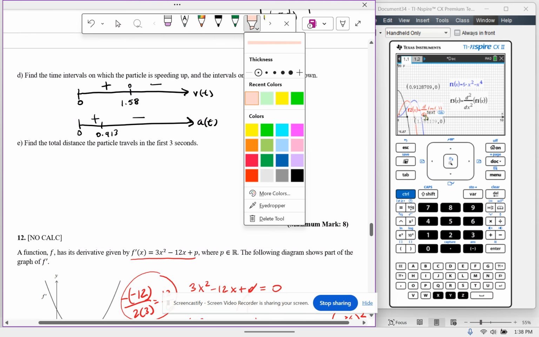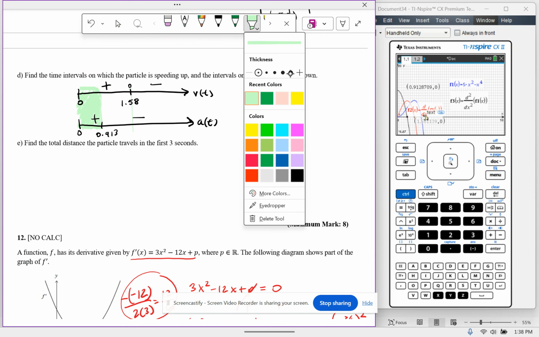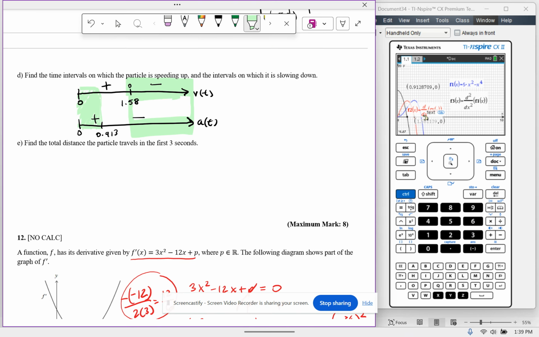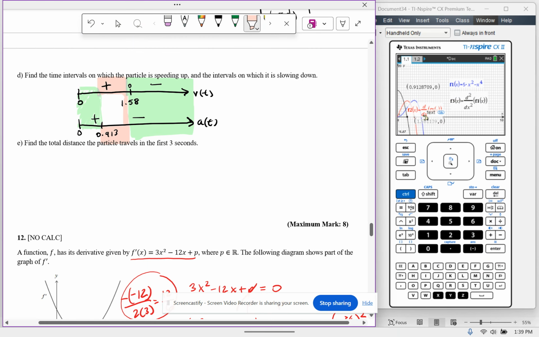So we can go ahead and line this guy up, and we have the same sign from here to here. And then again from here to here. Then we have different signs from here to here. So let's go ahead and try to write these time intervals, okay?